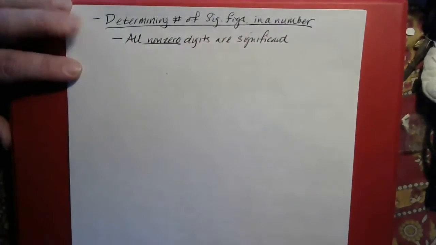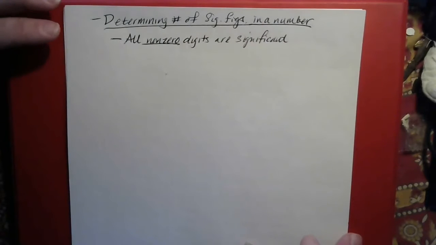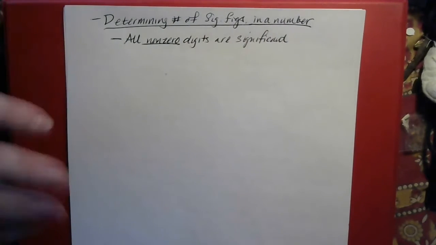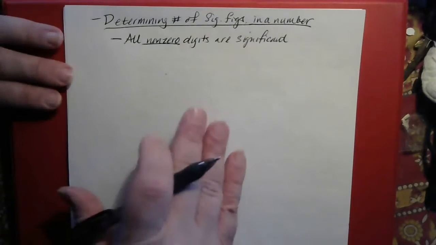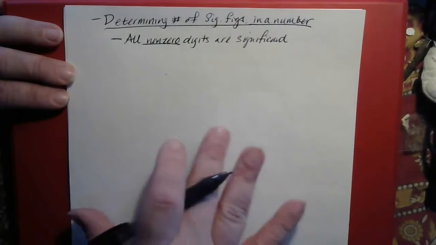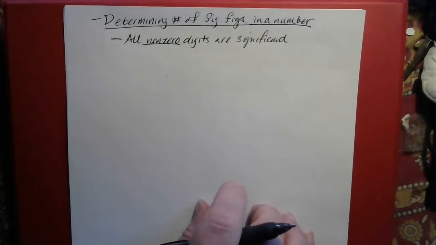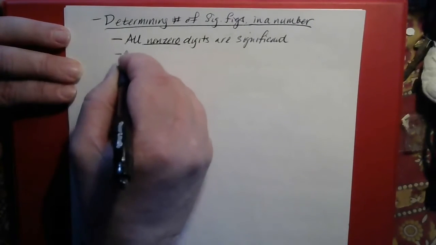And that is that non-zero digits are always significant. That's a very simple, straightforward answer. As you're looking at the digits in a number and you're counting along, if it's not a zero, it is significant. It's the zeros that are the problem.